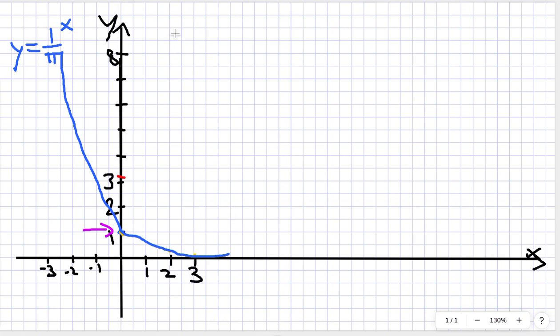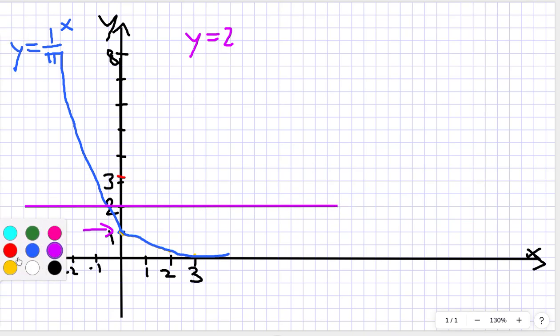Okay, so now if I graph y equals 2, check this out. I know that y equals 2 looks something like this. And where do they meet? They meet right here, before 0, in terms of left and right.